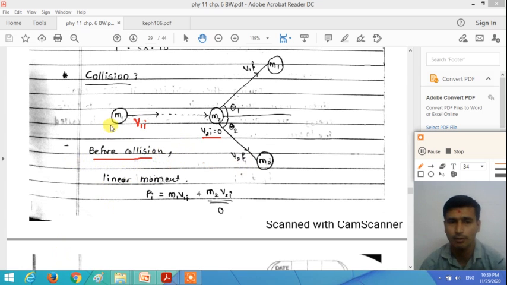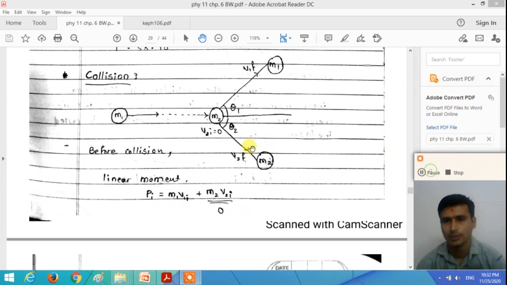Before the collision, the object of mass m1 has initial velocity v1I and the second object has initial velocity 0, because the second object is at rest. So the initial linear momentum pi is m1 into v1I plus m2 into v2I, but v2I is 0, so the total linear momentum before the collision is pi equal to m1 into v1I.